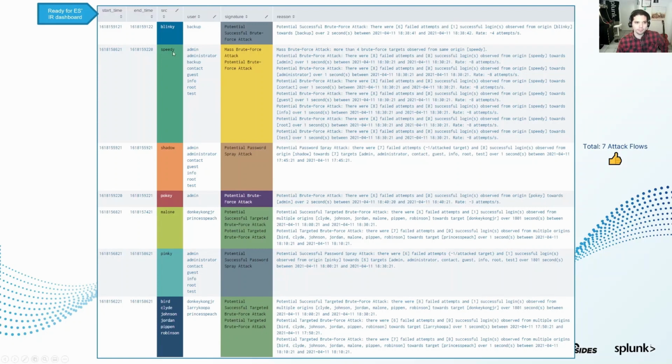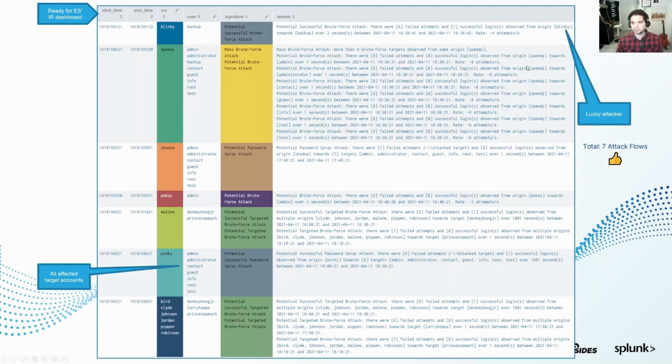You see here for the speedy, the noise attack, at the very beginning it says there were multiple potential brute force attacks originating from the source, which constitutes a mass brute force attack, right? And the Blinky was the one that performed the successful brute force attack.